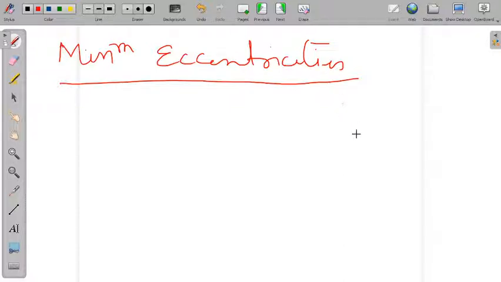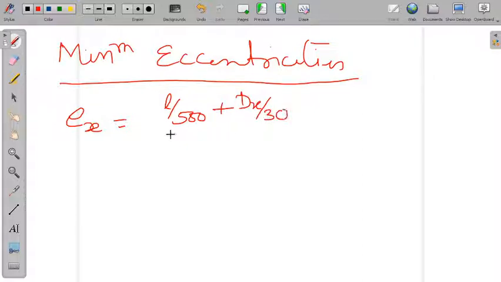So it is saying that the minimum eccentricity, this Ex, suppose in x direction, it should be L by 500 plus dx by 30, or 20 mm, whichever is larger.